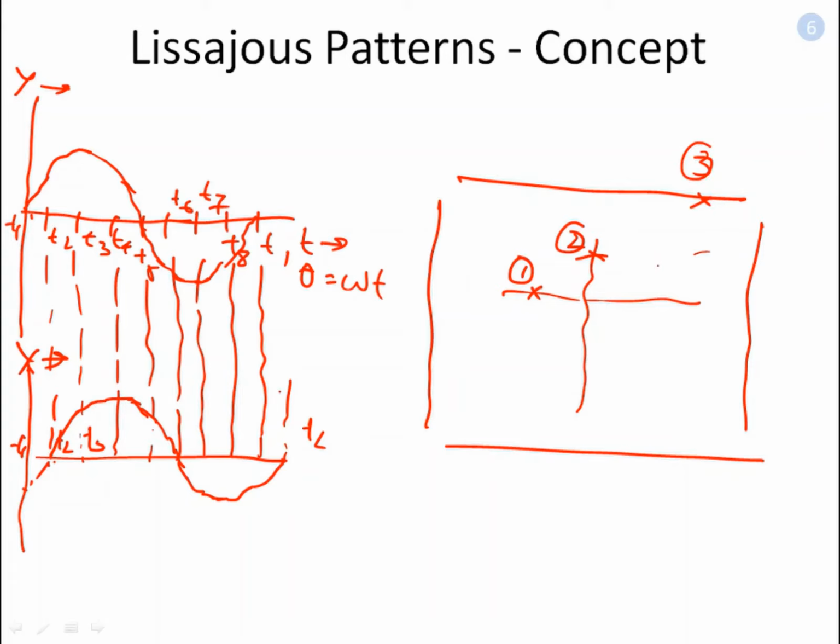Then we see that at T4, x is maximum, but y is less than maximum, so this is the point we can trace as 4.